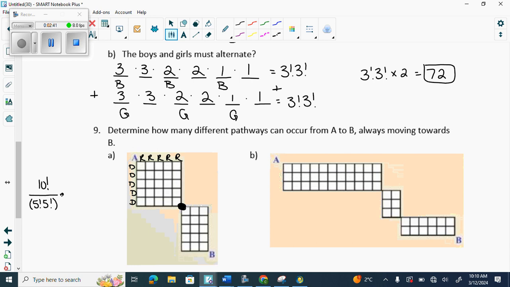Then the second one I get D, D, D, D, D, R, R, R. So I get 8 factorial for the 8 letters, no restrictions, over 5 factorial, 3 factorial because of the repetition. Did anyone get the answer?